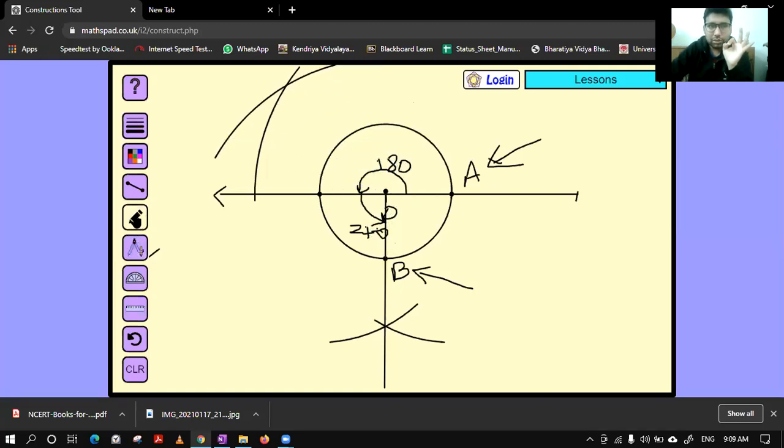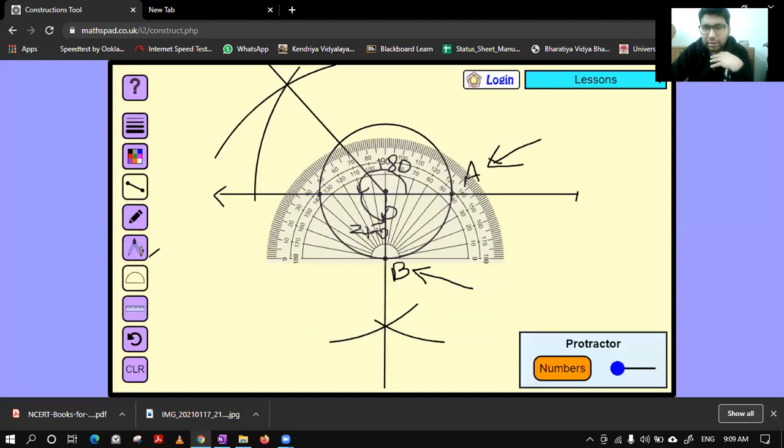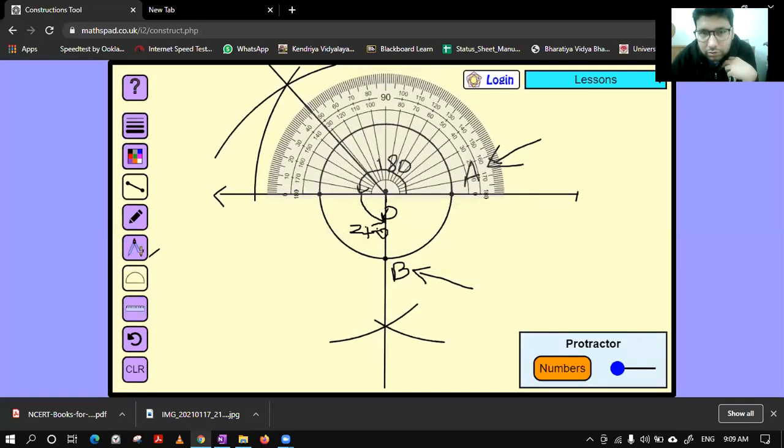So let's join from center this point, then as per our calculation, this angle from A till this point should be how much? 135 degree. Let's check. Little bit error is there. We are getting around 133, but it is close, so we can consider the construction.